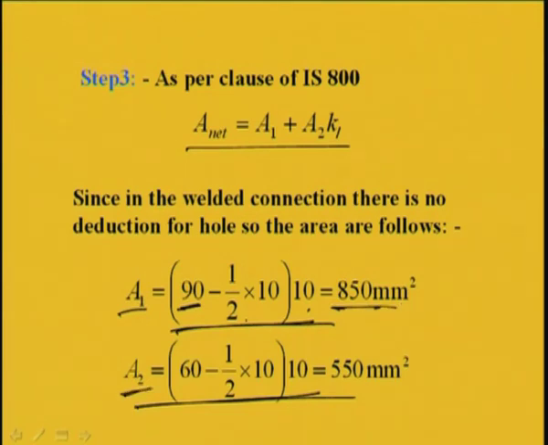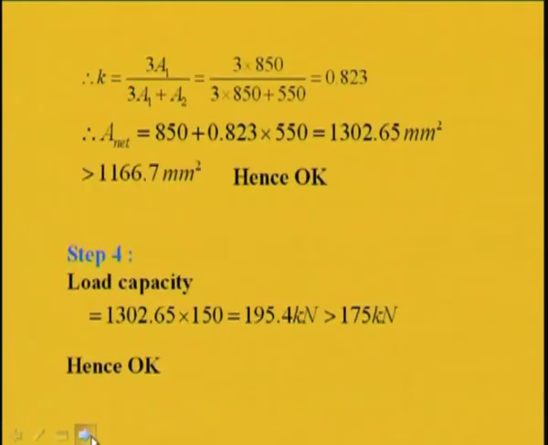Similarly A2 is the area of the unconnected leg, that means the area of the smaller leg, that is 550. From this I can find out K1, as we know, is equal to 3A1 by 3A1 plus A2. So providing the values of A1 and A2, we can find out the magnitude of K1 as 0.823.